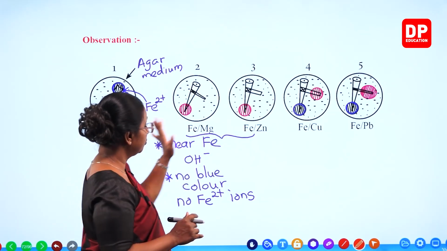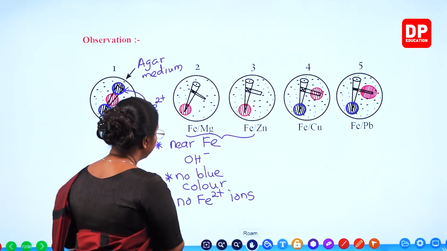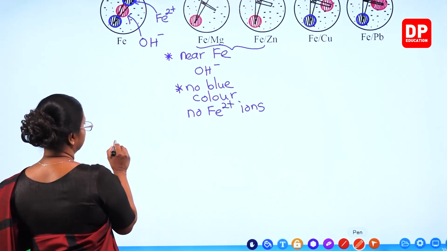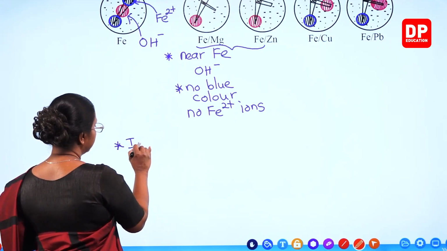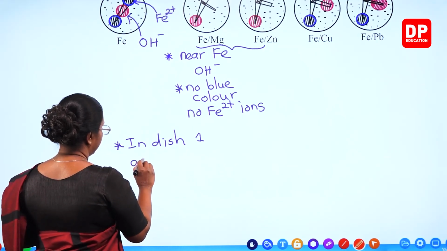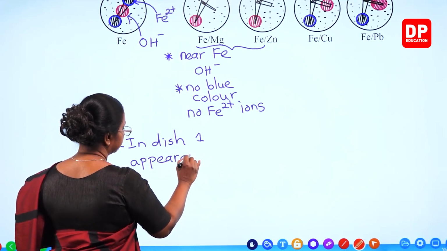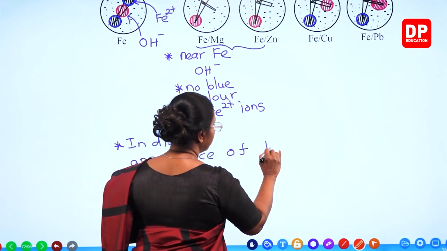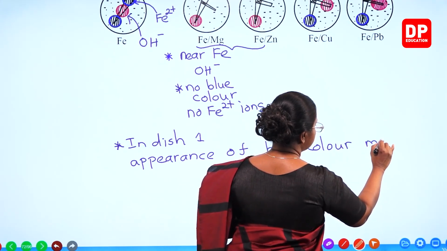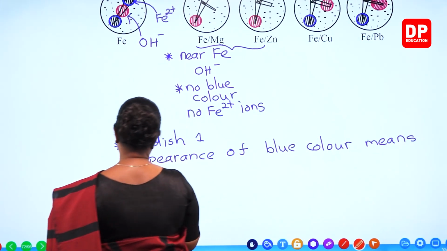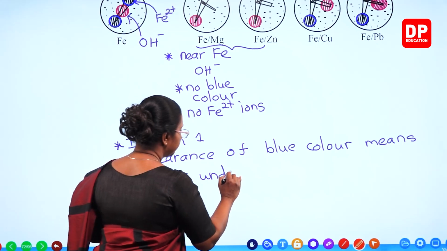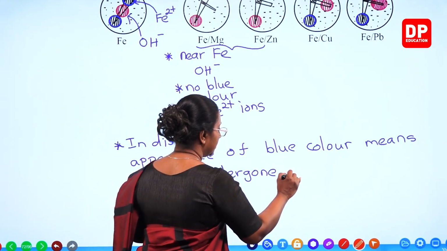So in these two, 2 and 3, if I write the explanation, so here in dish 1, appearance of blue color means iron has undergone oxidation.